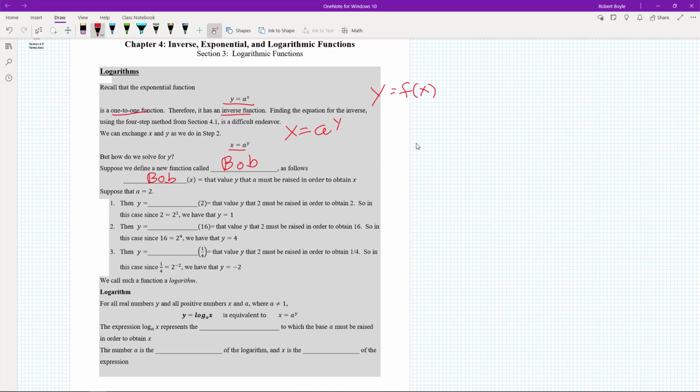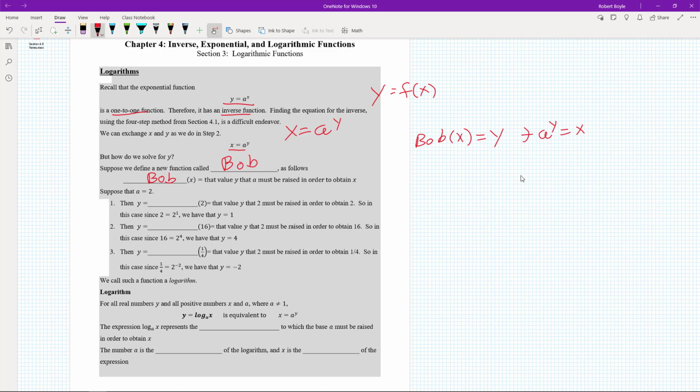So what is the output of Bob of x going to be for a specific a? It is going to be y such that a raised to the y power is equal to x. That's the definition of our function.